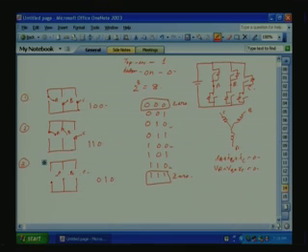So A will be connected to 0, bottom. B will be connected to the top. C pole will be connected to the bottom. So this is 0, 1, 0. Now let us go to the next page.